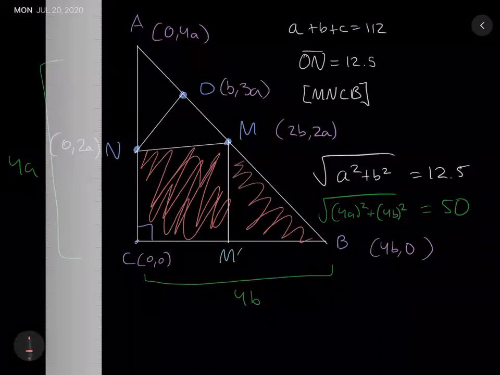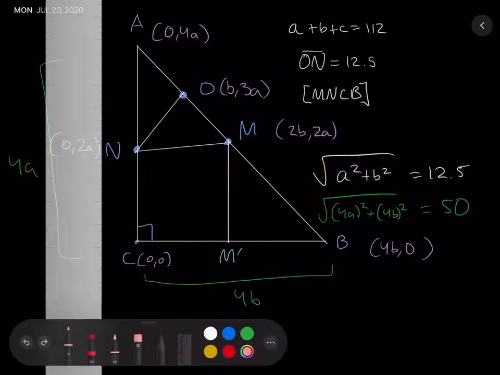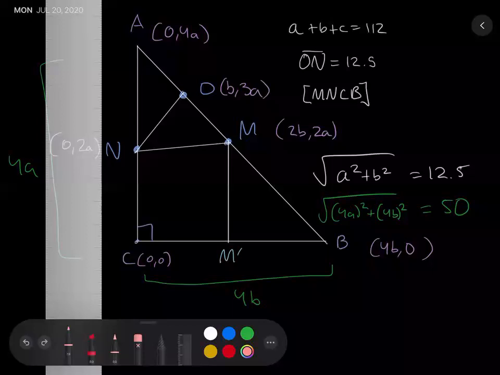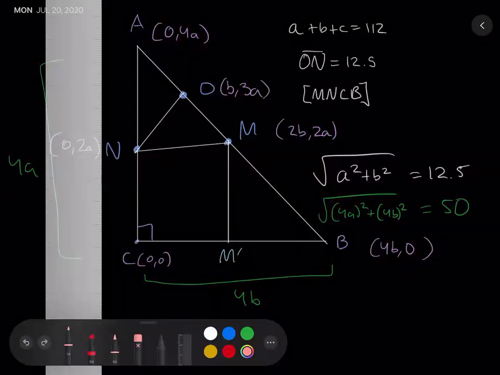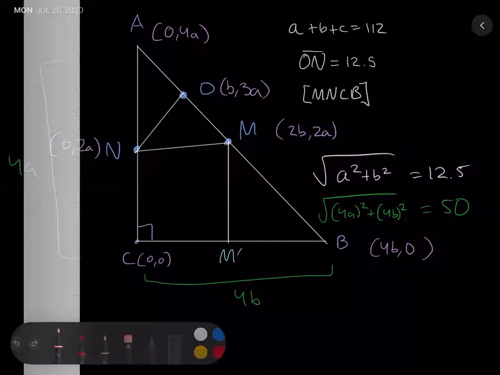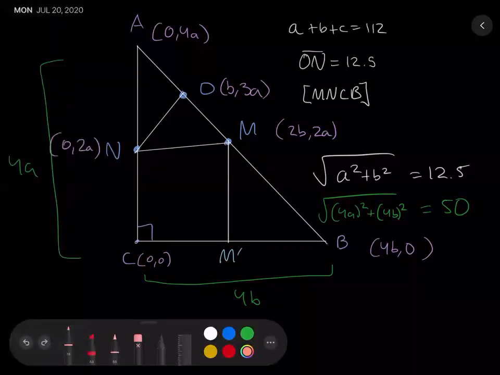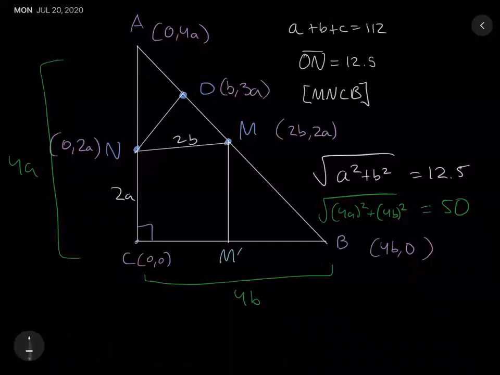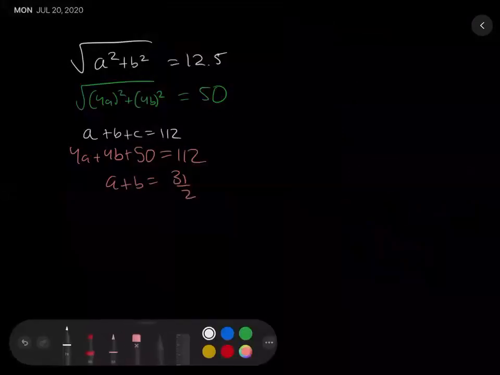So now we can use area formulas to figure out everything here. The side lengths of this rectangle are 2a over here and 2b over here, so this is equal to 4ab. It's 2b over here and 2a over here, so this triangle is equal to 2ab. So the area we're looking for is equal to 6ab.